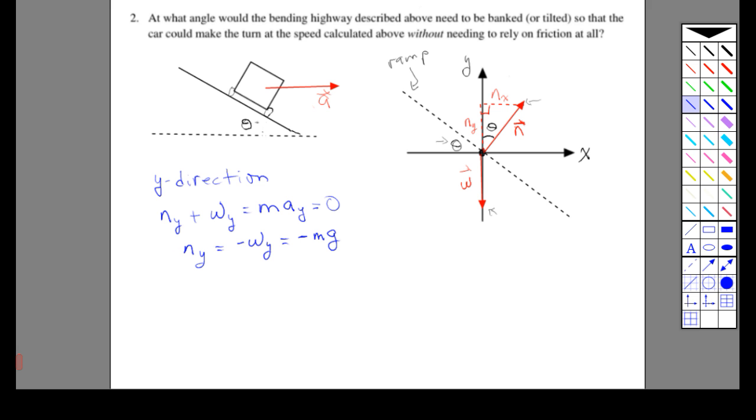So what is the x component? In the x direction, we have the x component of the normal force plus the x component of the weight is equal to mass times the acceleration in the x direction.